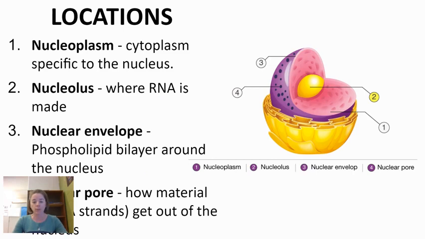So, a couple of locations to orient yourself. Yes, we are 100% in the nucleus, but we are not just in the nucleus. Inside your nucleus, if you did not know this, there is a special place called the nucleolus, and the nucleolus is where we synthesize new nucleotides, both DNA and RNA. There is a nuclear envelope, so all of your organelles are nicely bound up. The nuclear envelope is what we call the outside of the nucleus.